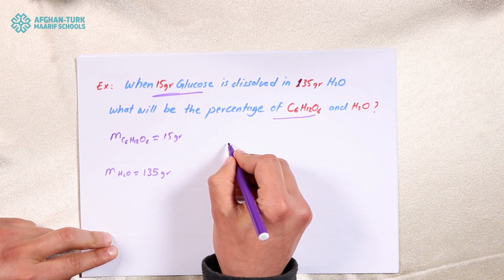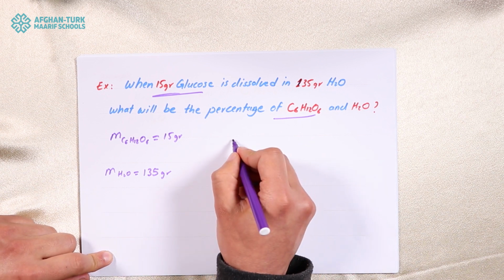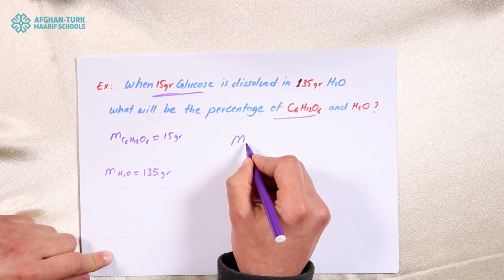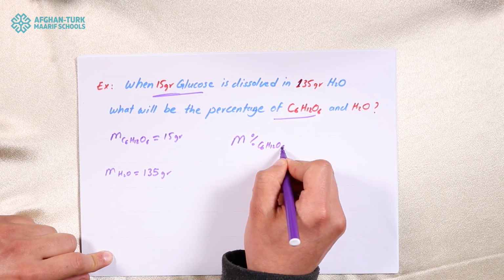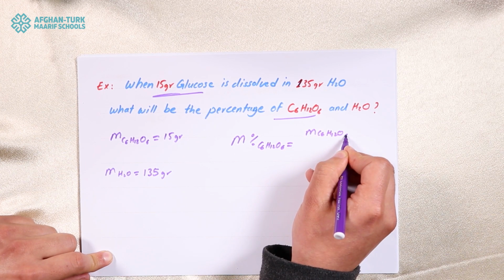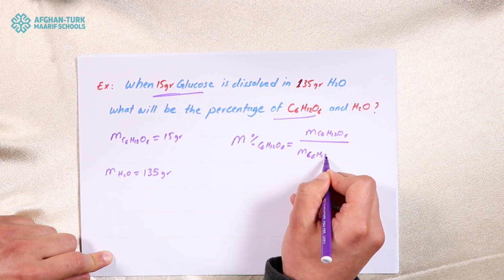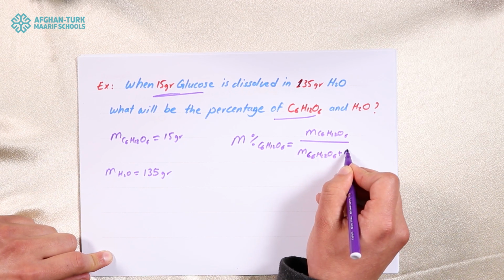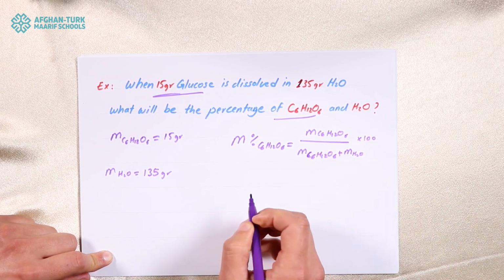At first I'm going to find the percentage of glucose in this solution. Weight percent of glucose, C6H12O6, is equal to mass of glucose divided by mass of glucose plus mass of water, times 100.